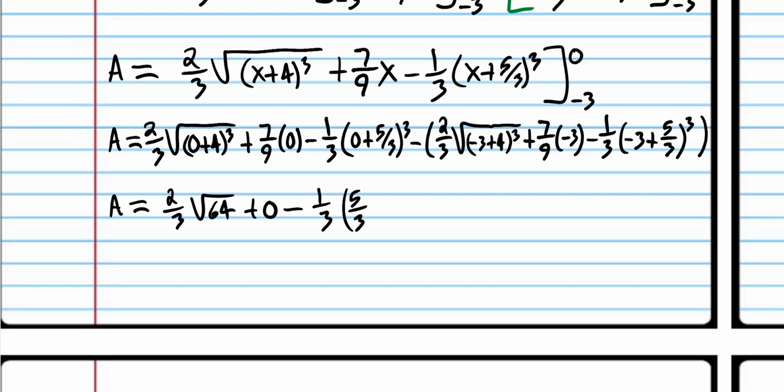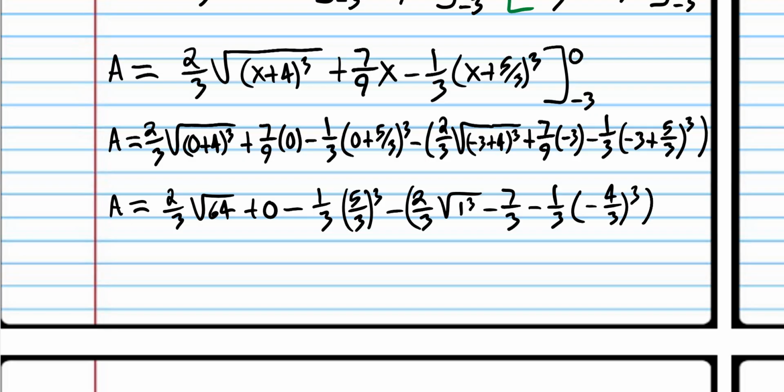Then we have 5/3 to the third power, and the square root of 1 cubed, minus 7/3. 7/9 times -3 is -7/3. And we get -4/3 to the third power. Okay.